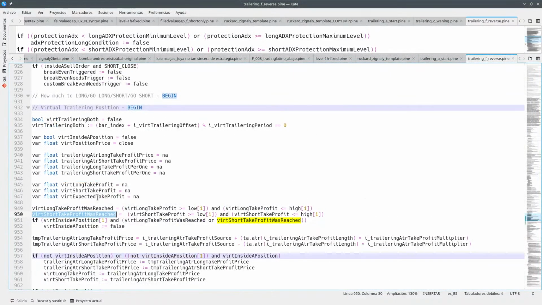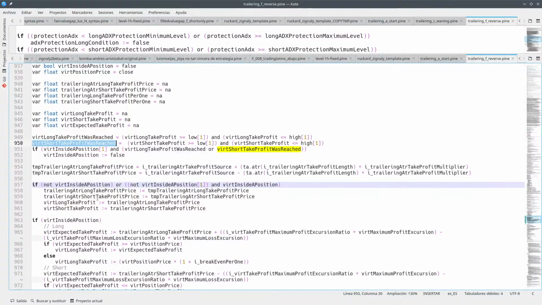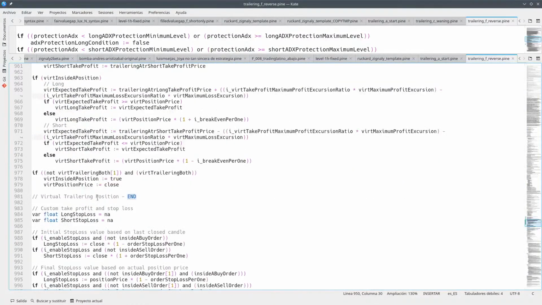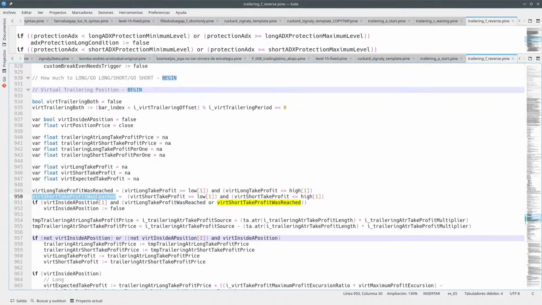I mean, later on. Oh, look at that. Yeah, this is the strategy.